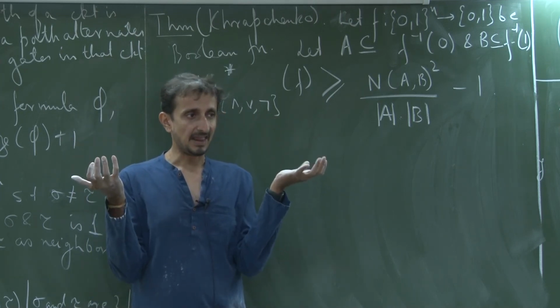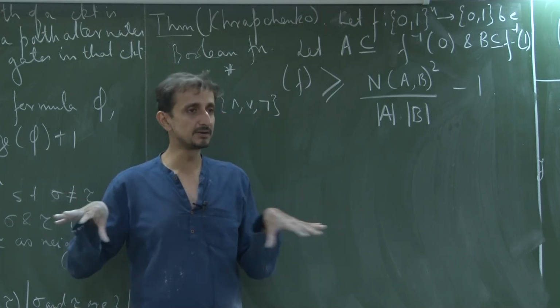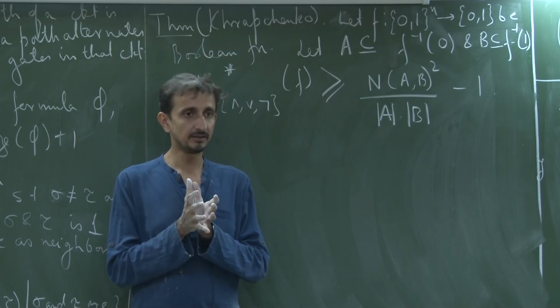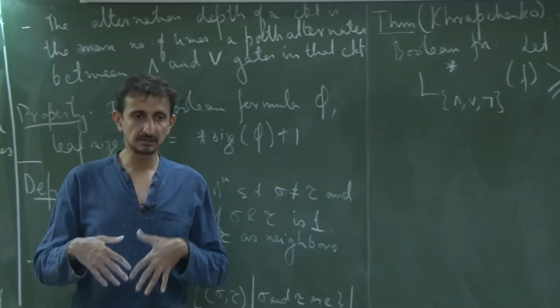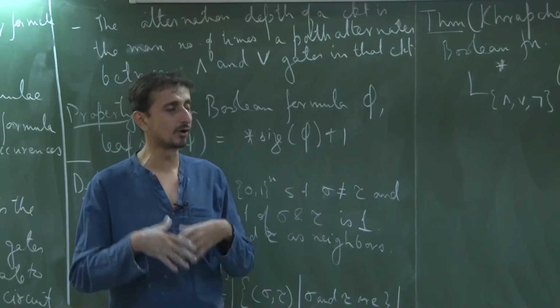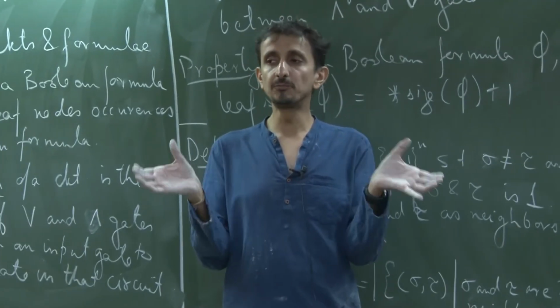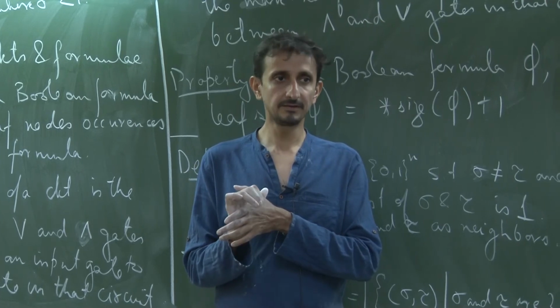And if A and B are in some sense very separate, there are not many neighbors between them, then the complexity of f becomes smaller. So, this is a very nice connection. It relates the circuit complexity, or in this case the formula complexity of a function, with how many tuples are close or not so close.